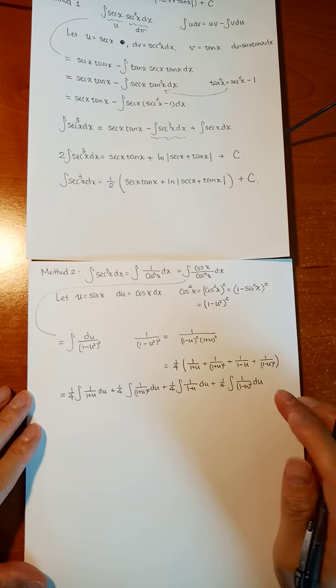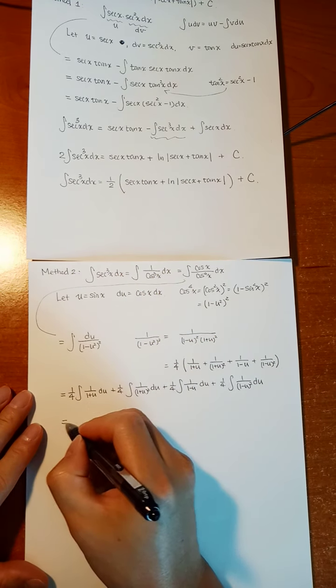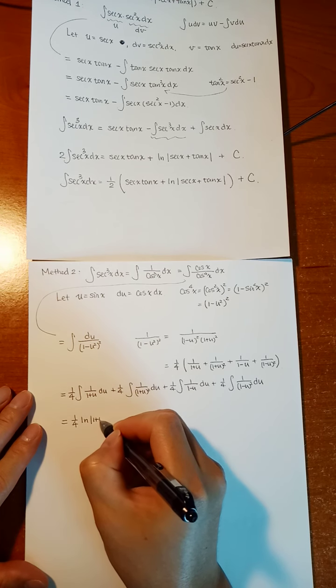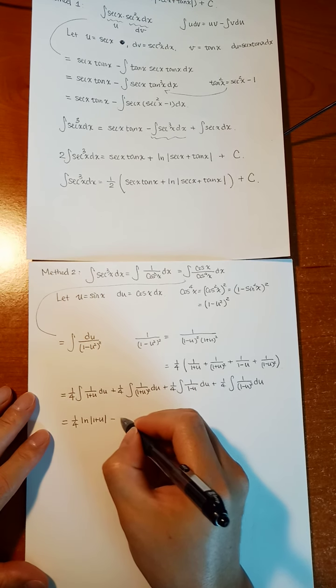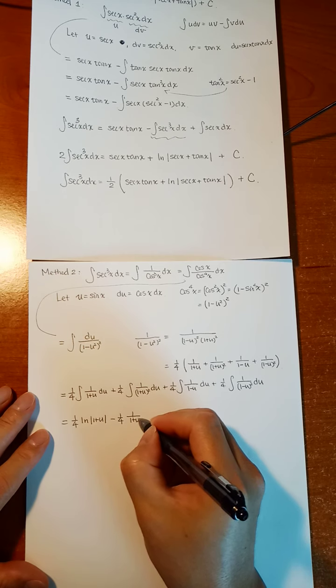And then we look for the antiderivative for each term. So this one has antiderivative natural log absolute value of 1 plus u. And this one has antiderivative minus 1 over 4 and over 1 plus u.